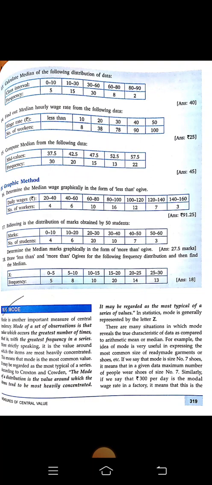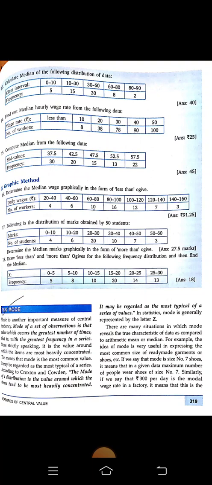Next we are having mode. Mode is another important measure of central tendency. Mode, in a set of observations, is the value which occurs the greatest number of times, that is, with the greatest frequency in the series. More strictly speaking, it is the value around which the items are most heavily concentrated.